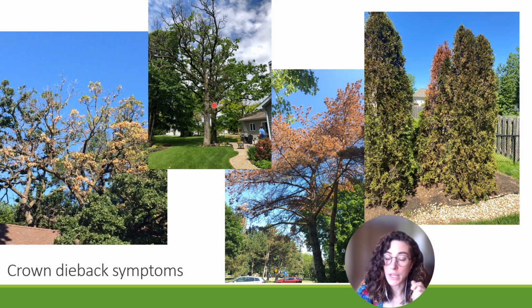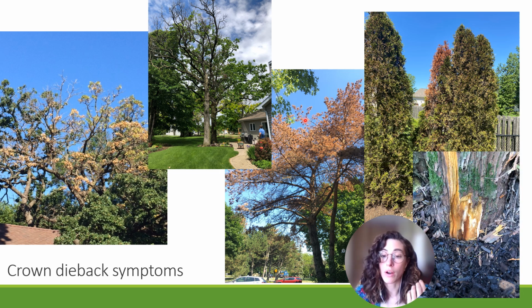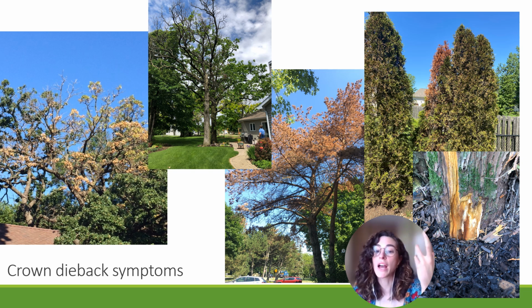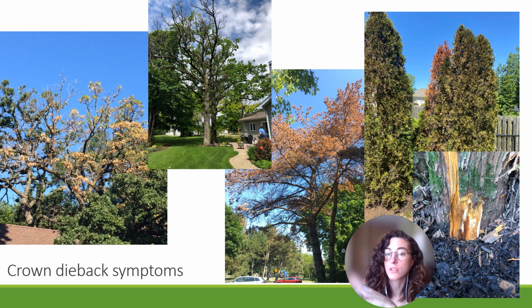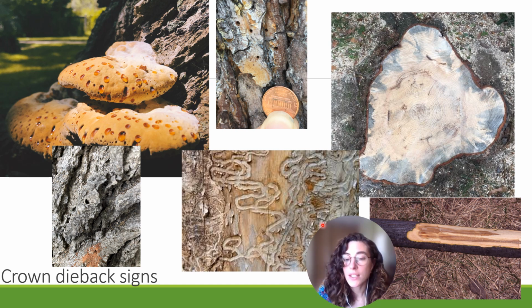One of the other crown dieback symptoms, of course, if we're talking about root rots or buttress rots, would be staining or necrosis or rot of the base, which is also technically a symptom. So in some cases, again, like with branch dieback, you can have multiple symptoms responding to the causal agent, depending on what the causal agent is. For signs, for our vascular wilts, it's the same exact thing as when we had our branch dieback.